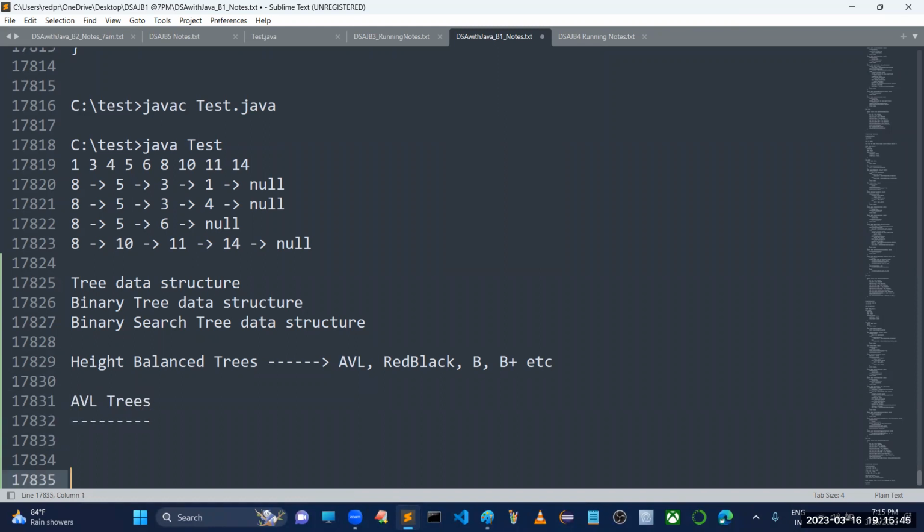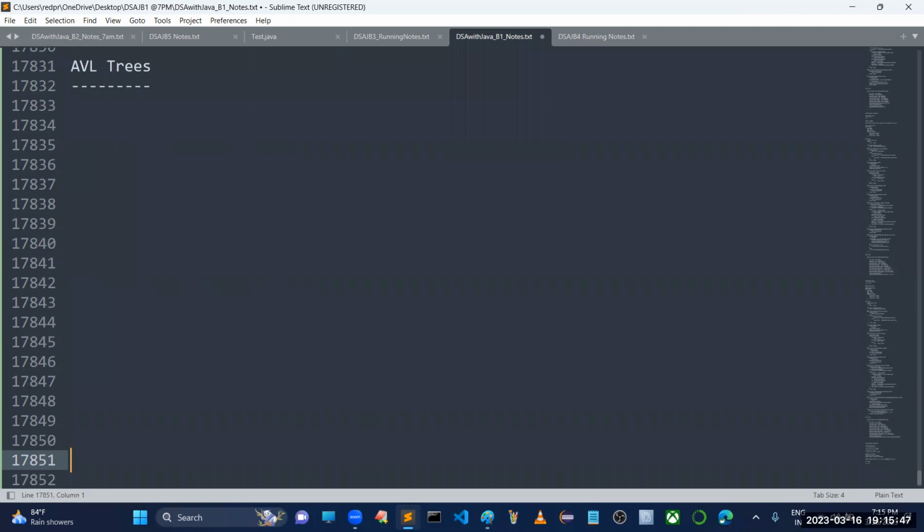What is meant by AVL? Very simple. AVL trees are self-balancing trees. Here, for every node, we are going to calculate the balance factor, BF.